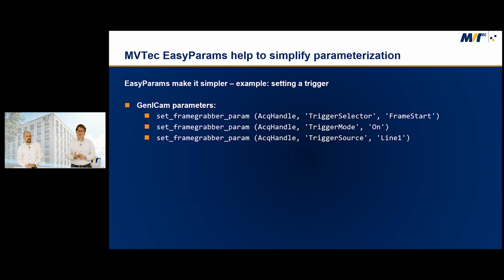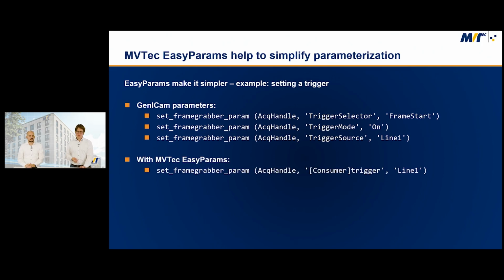You have to select the right trigger: frame start, acquisition start, line start, exposure start, and many more. So this alone is confusing. You have to turn it on, and you have to define the right I/O channel where you receive this trigger signal. With easy params, this boils down to setting just one parameter, trigger, where you just define the I/O channel.